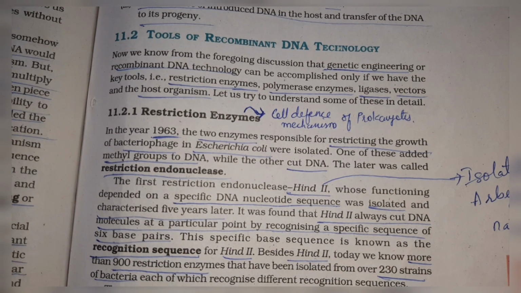Restriction enzymes. In the year 1963, the two enzymes responsible for restricting the growth of the bacteriophage in Escherichia coli were isolated. One of these added methyl groups to DNA while the other cut the DNA. The latter was known as restriction endonucleases.